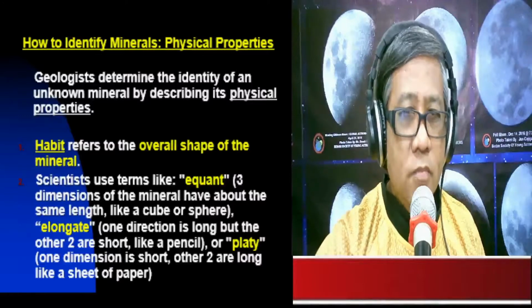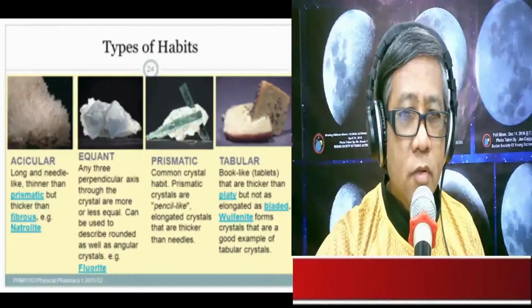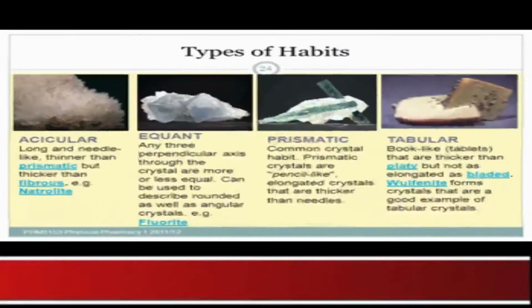Now, other examples of shape or habit of the mineral include the following. We have acicular. When you say acicular, that's long and needle-like. Then I mentioned already equant. Any three perpendicular axes through the crystal are more or less equal, like a cube. Then we have prismatic, a common crystal habit.